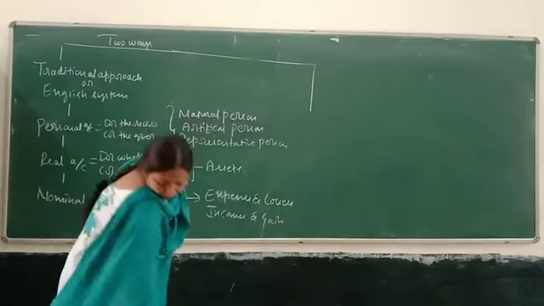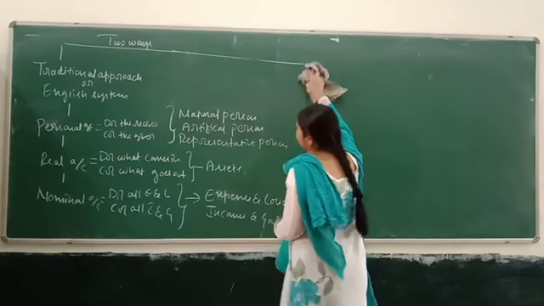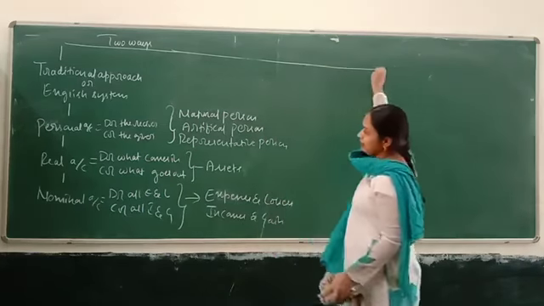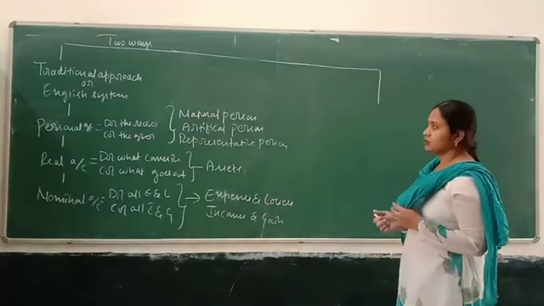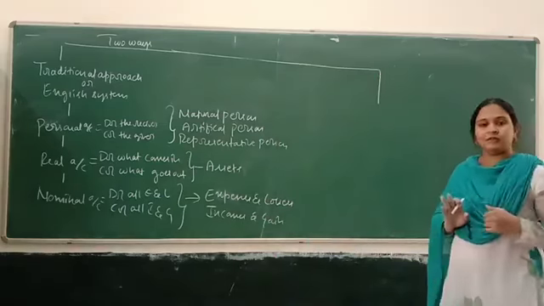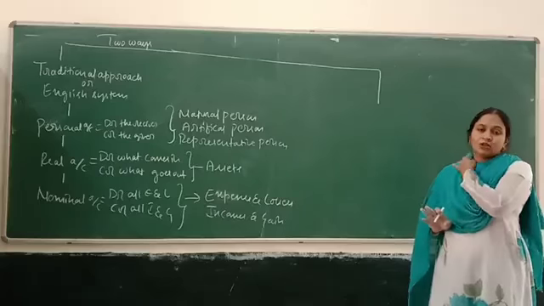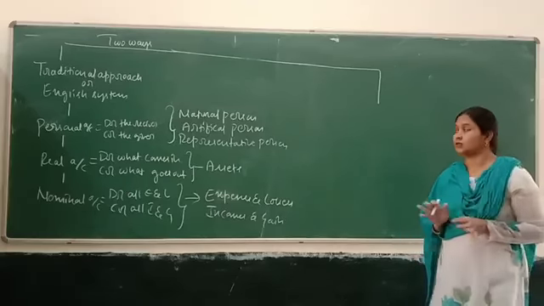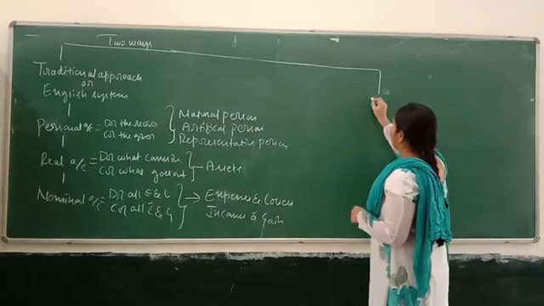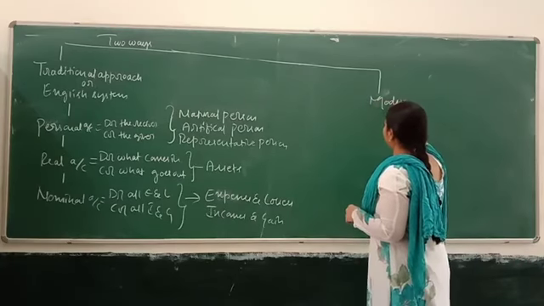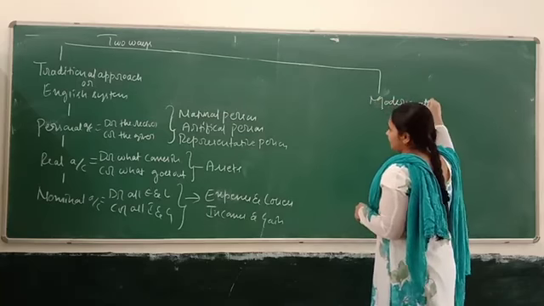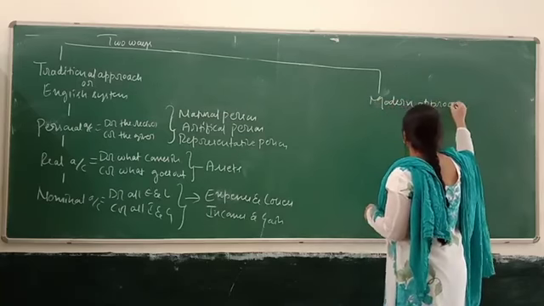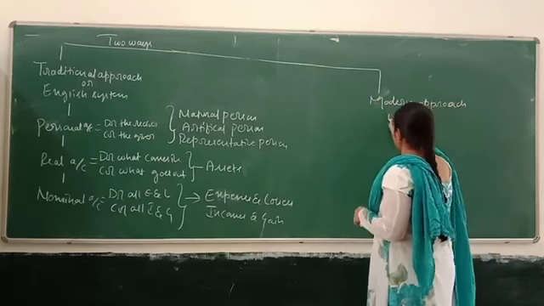So one more method you have. This is the traditional approach. Any one method you can use to solve the problem; both will give you the same answer. Next you have the modern approach. The other name for modern approach is American system.